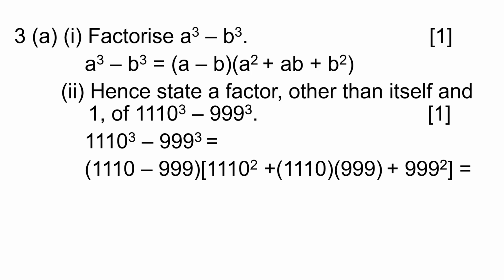You must apply your answer from part a1 by comparing 1110 cubed minus 999 cubed to a cubed minus b cubed. We can see that a equals 1110 and b equals 999.